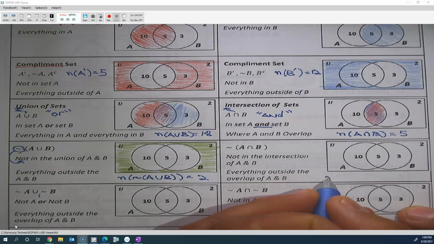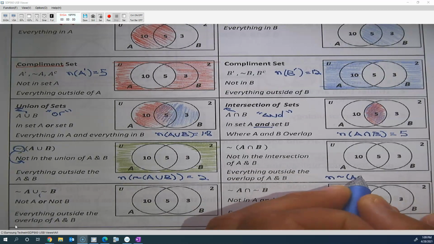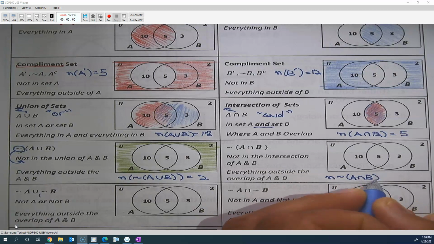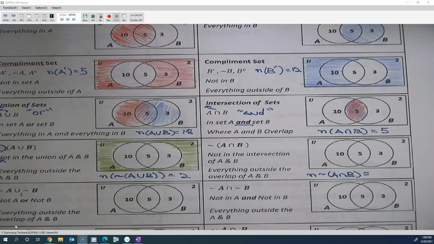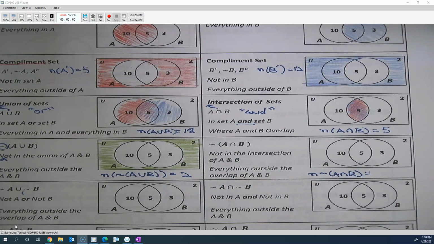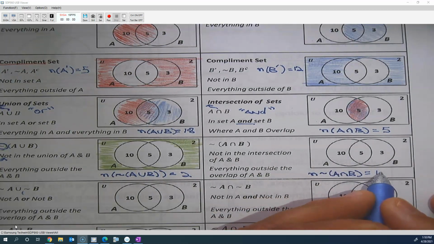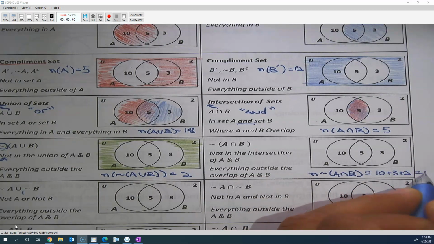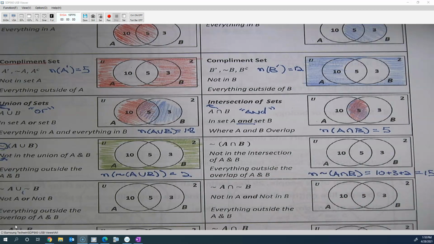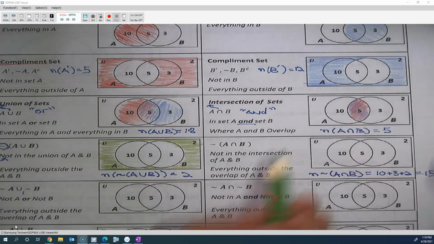So the number of items not in the intersection would be how much? 15, yeah. 10 plus 3 plus 2. So not in there, I'm going to color everything outside of the intersection.